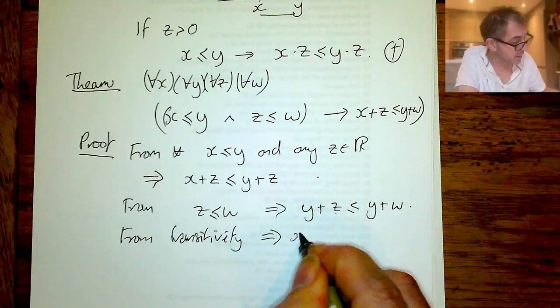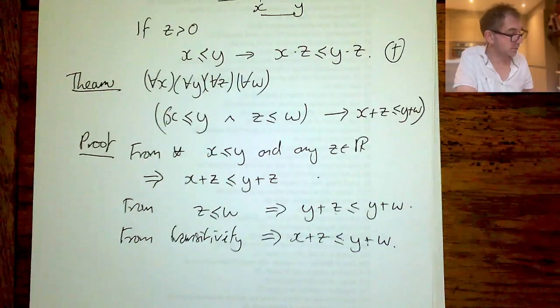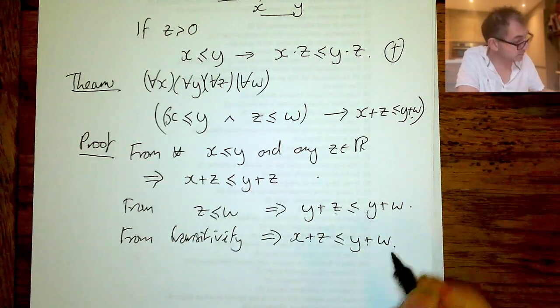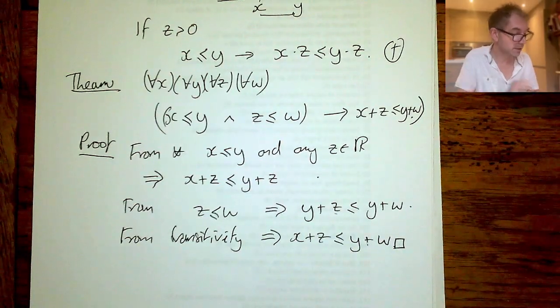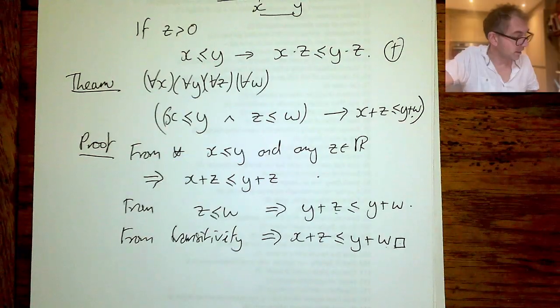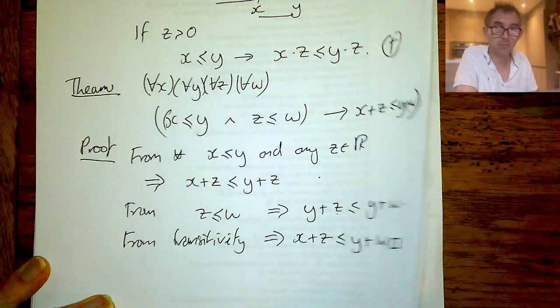We deduce x plus z is less than or equal to y plus w. And that is the statement I wanted to prove, and so I can give myself a QED, that's quod erat demonstrandum, square at the end to say I've done it. Okay, excellent. So that was the one more example.